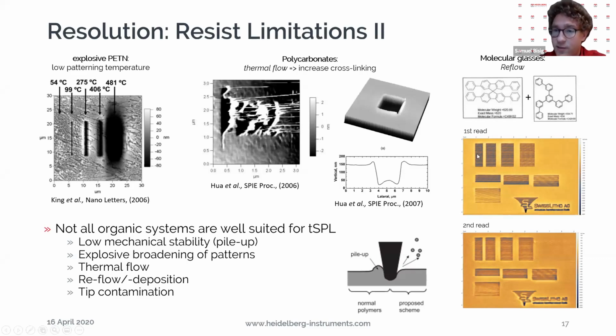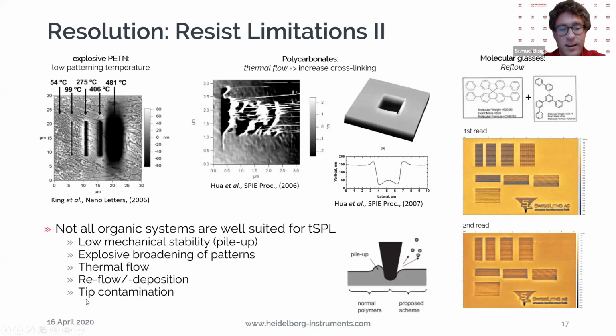After patterning, at the first read we see how the structure looks, but after a second read some minutes later, we see that the pattern got more shallow and also smeared out. This is due to the surface diffusion of these small molecules, and that's not what we want.